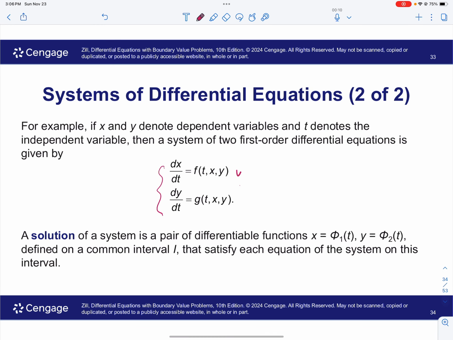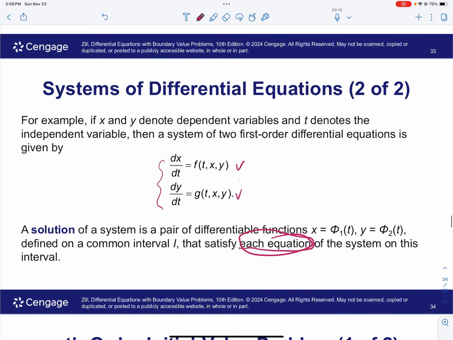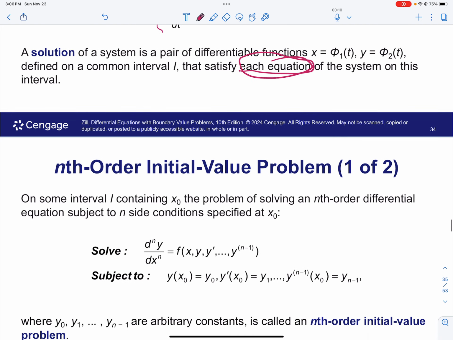It has to satisfy each equation. If it only satisfies the first equation or the second equation, it will not be considered a solution. It's the same as in coordinate algebra when we have a linear system of 2 or 3 or even more equations. If you want to claim something is a solution, it has to satisfy every equation.